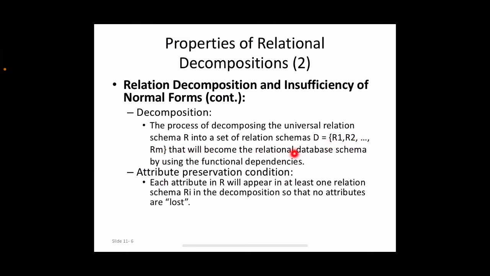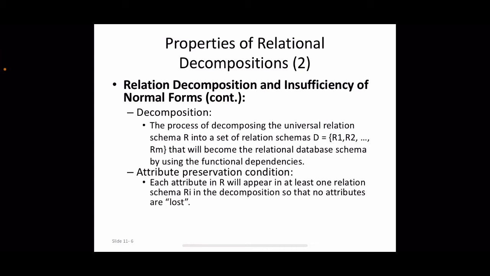That will become a relational database schema by using the functional dependencies. So the single relation R will be decomposed into a set of m different relations R1, R2 up to Rm. And these together form a relational database schema using these functional dependencies. Each relation will be related to the others using these functional dependencies, and those component relations together form the relational database schema.